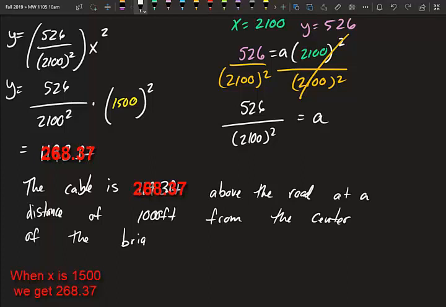So what we just found was the cable is 109.3 feet above the road at a distance of 1,500 feet from the center of the bridge.